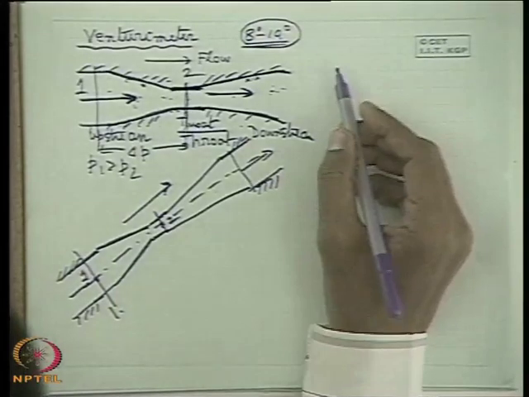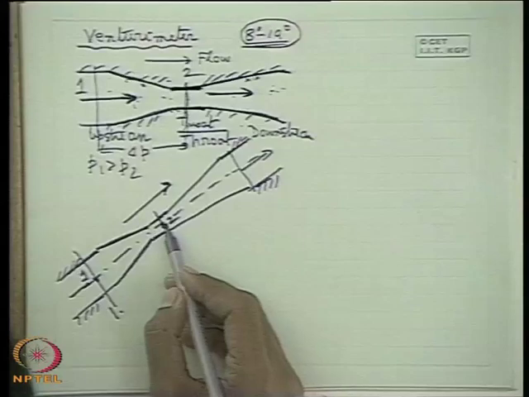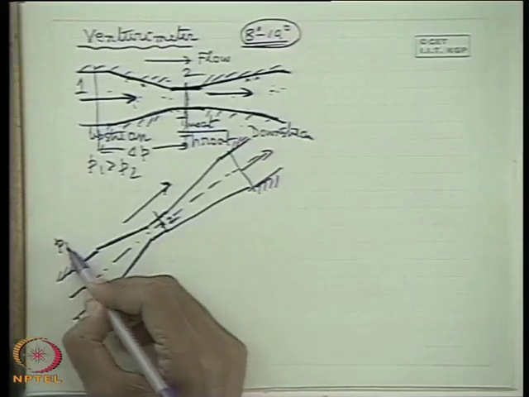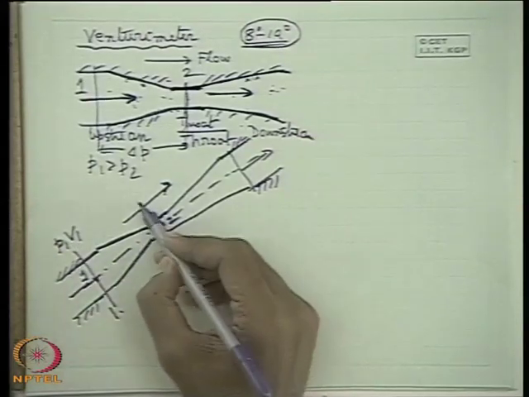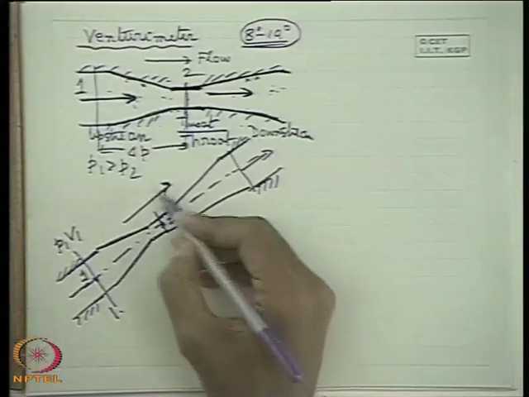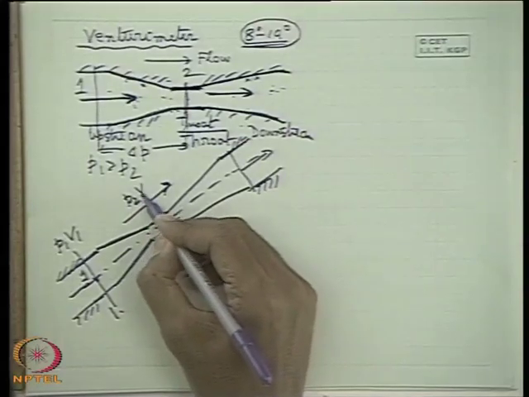Alright, now if this section is denoted as 1 and this section is denoted as 2, then we can write from Bernoulli's equation between these two sections: let the pressure be P1, velocity V1, and at the throat section, let the pressure be P2 and the velocity V2.